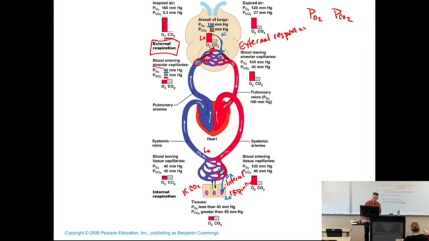So oxygen is mainly transported bound to hemoglobin, right? We said about 98% of it is bound to hemoglobin, about 2% of it just floats along in the plasma itself. And with the hemoglobin molecule in the red blood cells, we have 4 different binding pockets, 4 different heme groups with iron associated with them, where the oxygen is going to bind.